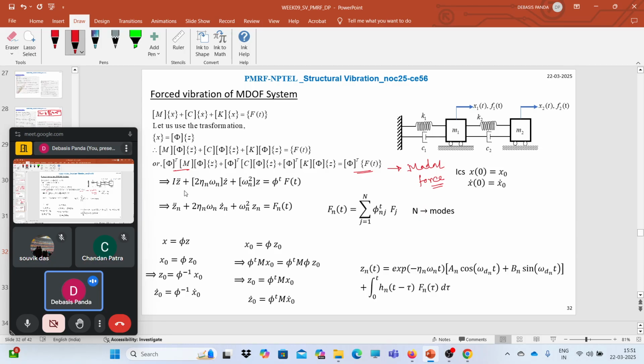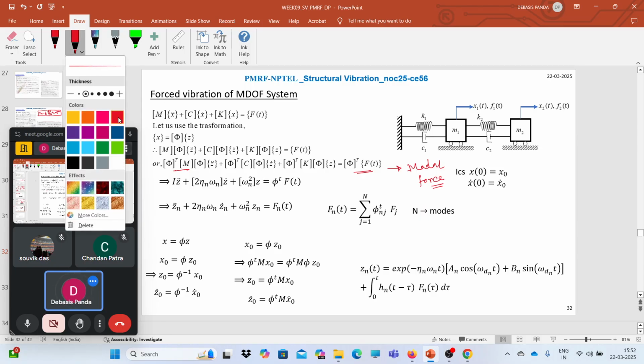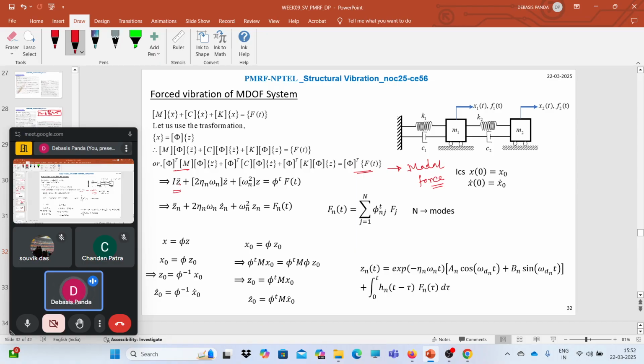So the simplified version will be I z double dot, because the modal mass matrix becomes the identity matrix. Each component of the modal damping matrix, phi transpose C phi, becomes twice zeta 1 omega 1, twice zeta 2 omega 2, up to twice zeta n omega n. We will have the matrix like that.